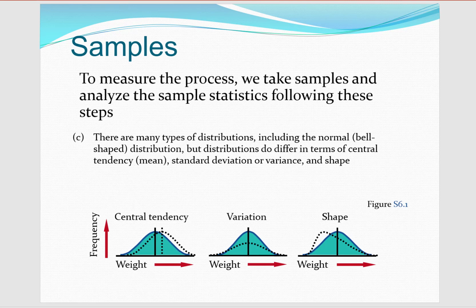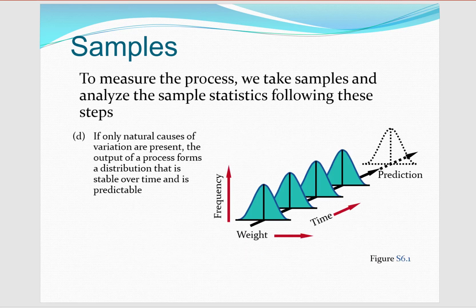But the point is that with any distribution, there are 3 characteristics or 3 parameters that identify that distribution, and that's the central tendency or the center of the distribution, the variation in the distribution, how peaked it is or how flat it is, and then the shape of the distribution, whether it's centered or whether it's skewed to the right or skewed to the left, or any of those conditions.